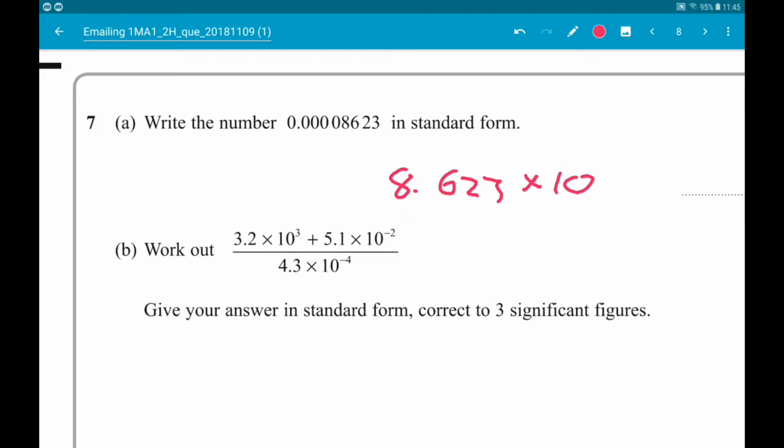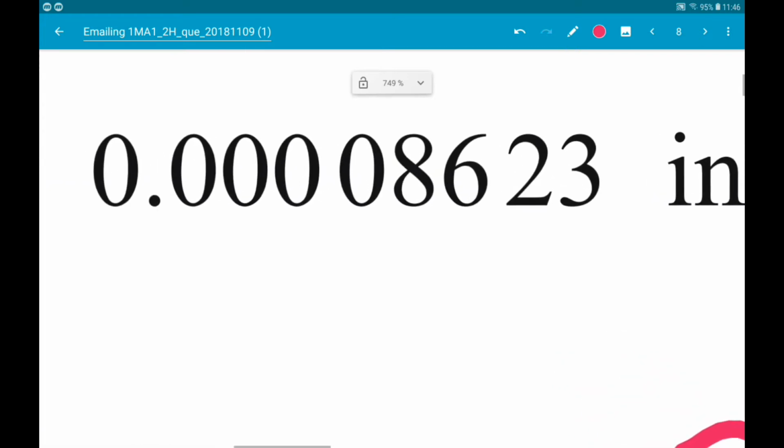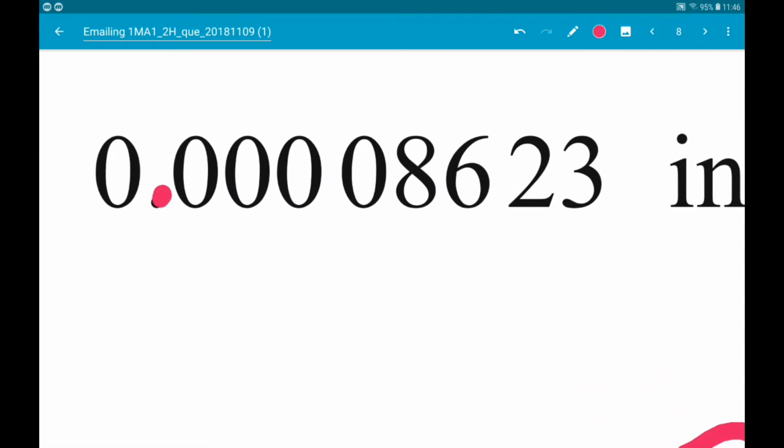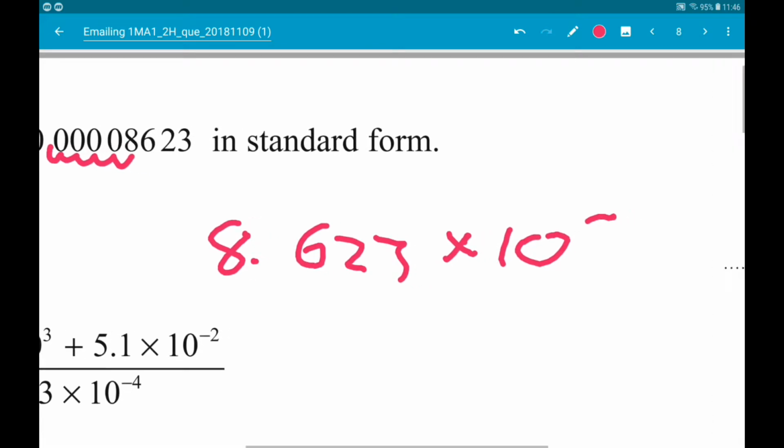Now the number is less than 1, so we're going to need a negative power, and that power is going to be 1, 2, 3, 4, 5. So it's times 10 to the minus 5.